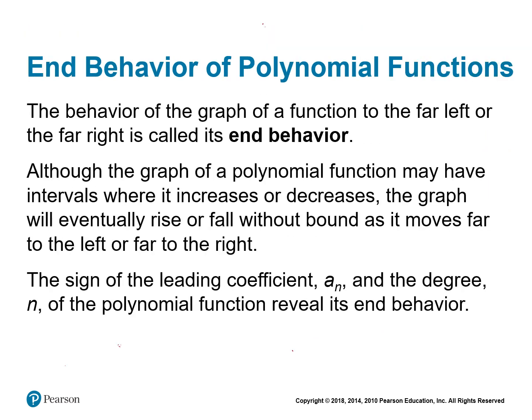The next thing that we are going to determine about the graph of polynomial functions is how it behaves at its extreme ends. It says here the behavior of the graph of a function to the far left or the far right is called its end behavior. So every polynomial graph is going to be smooth, we know that now, and continuous.